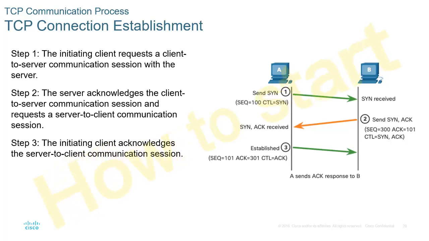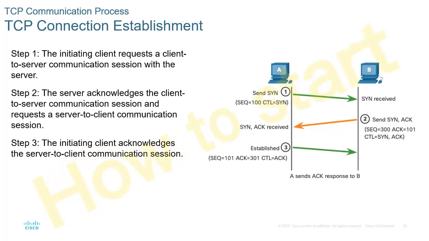The original sender will receive the SYN acknowledgement, and then it will send a client acknowledgement for the server-to-client communication session. The acknowledgement that it received will now be set to the same sequence number. These numbers are randomly generated, so whatever the sequence number begins with, that is where you'll start building the acknowledgement numbers from.